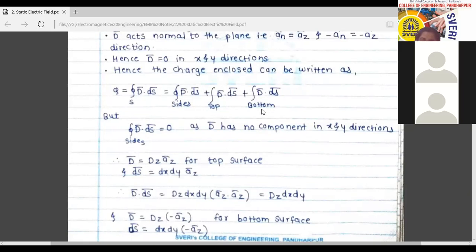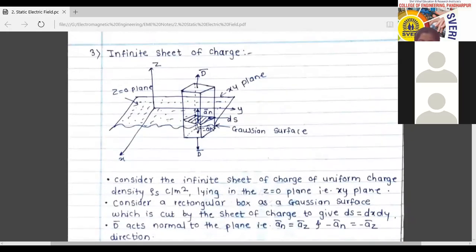Now we have to find this first for the top surface. For the top surface we can write the equation for d bar. What is d bar? In which direction are we going for the top surface? Plus z axis, minus z axis?